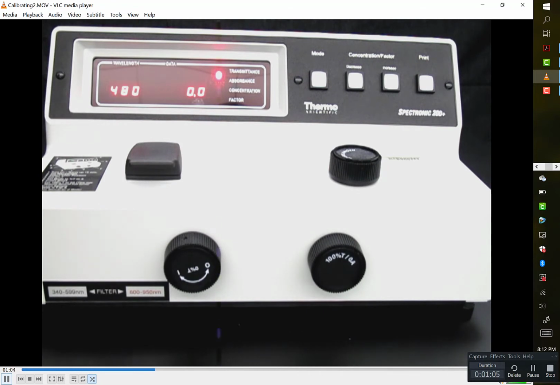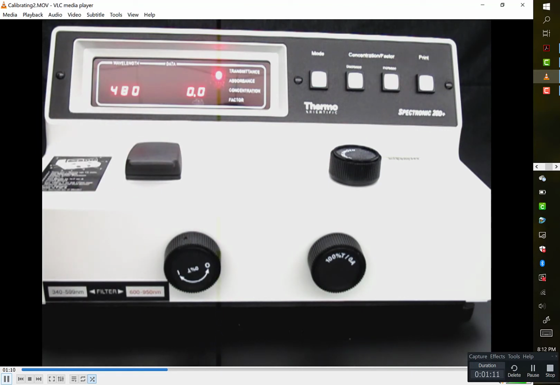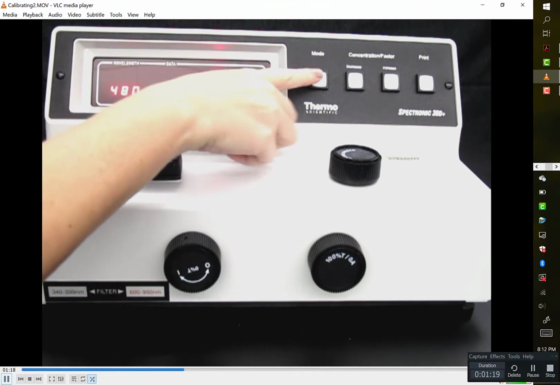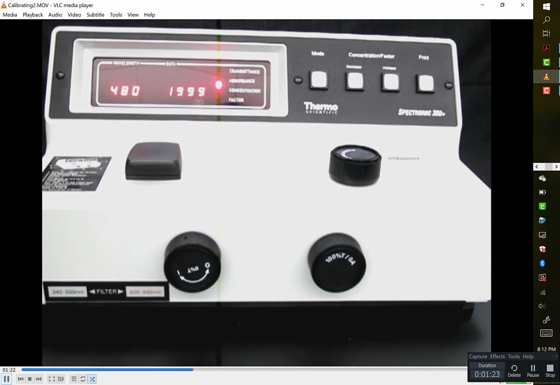And so now I need to blank the machine. In that cuvette is the water that the beads are placed in. And so it's the same solution that the beads are going to be in. So now I want to go to mode, and I want to go to absorbance. And you'll notice that the machine is flashing 1999.